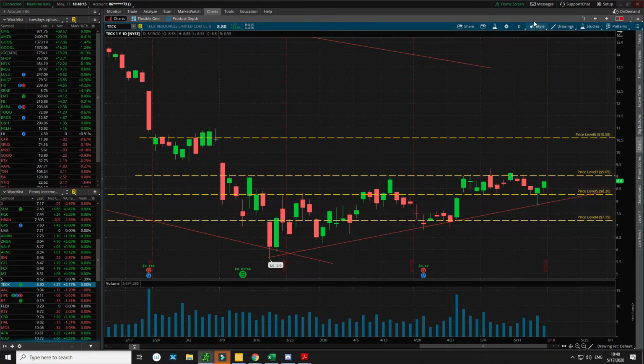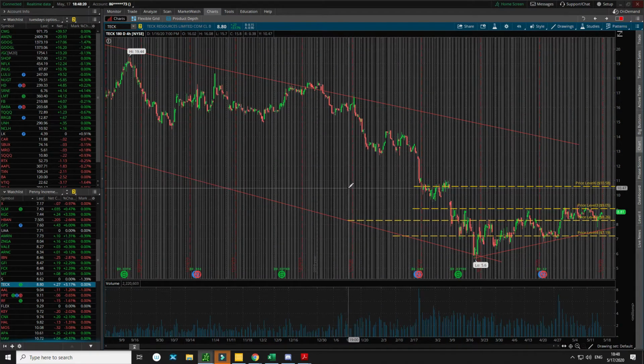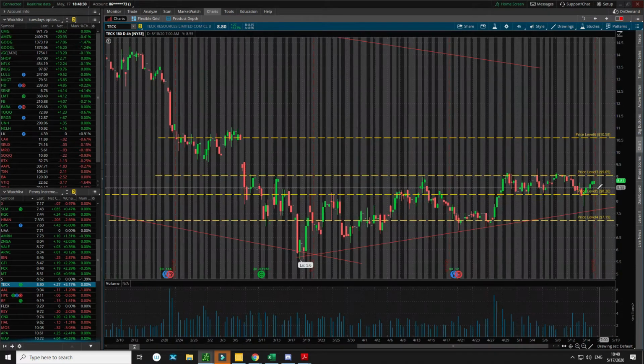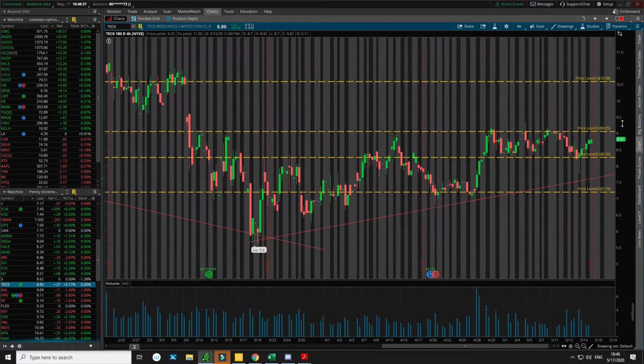Okay. So let's look at the 180-day chart. As you can see, it was still continuing to move down in a descending pattern, making higher lows and lower lows. Coming over here, you see that it started trading within that small range that we were just talking about.